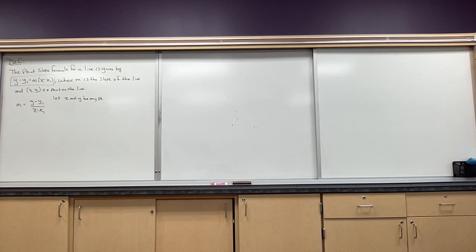If I want to solve this for y minus y1, I'm going to multiply both sides by x minus x1. So these will reduce out. So we get m times x minus x sub 1 equals y minus y sub 1. So there it is. It's just flipped, but that's where the formula comes from. It's just modeling from the slope formula.